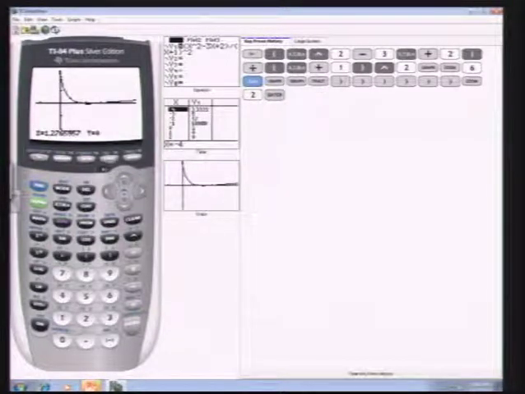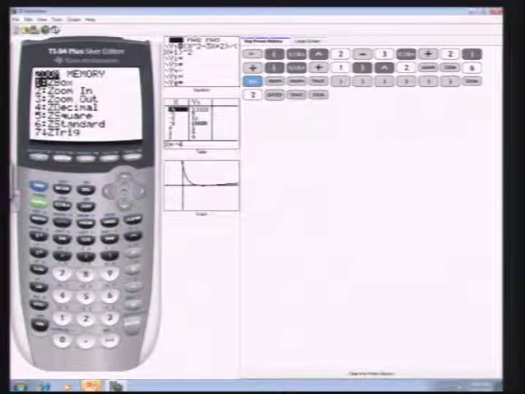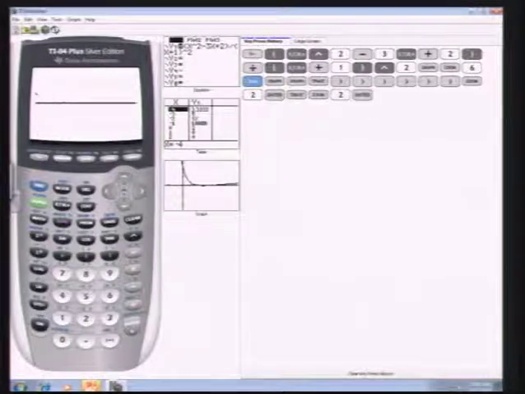Let's zoom in again. So let's see where our cursor is. I'm pretty happy with it there. So let's go to zoom, zoom in again. That is selection 2. Hit enter. And now we can see that pretty well, can't we?